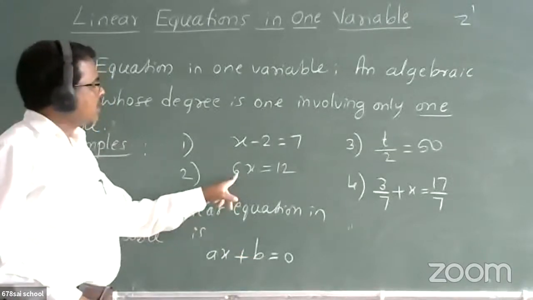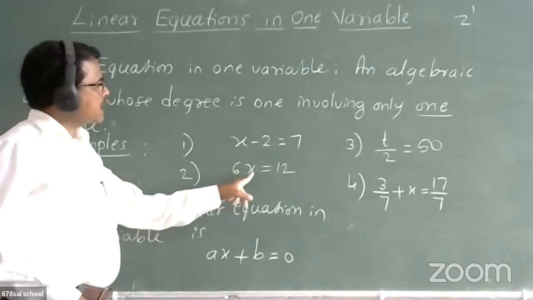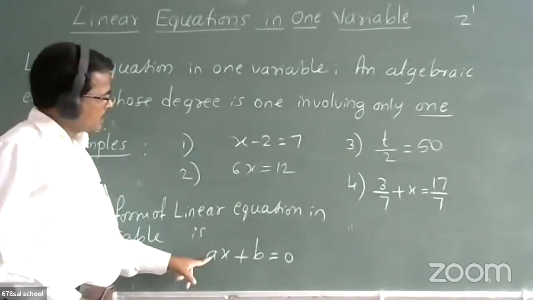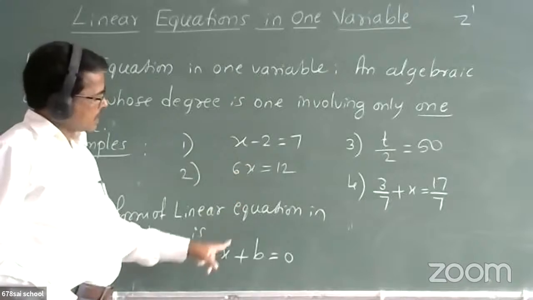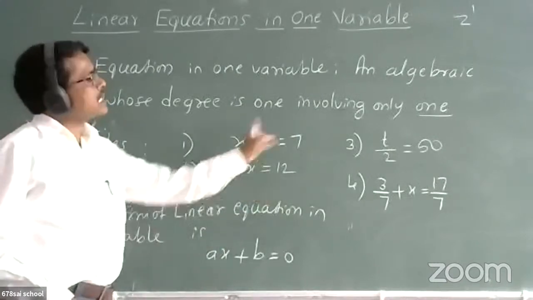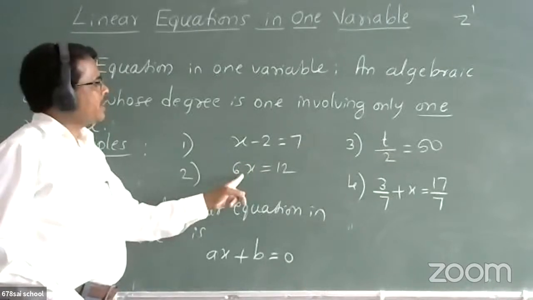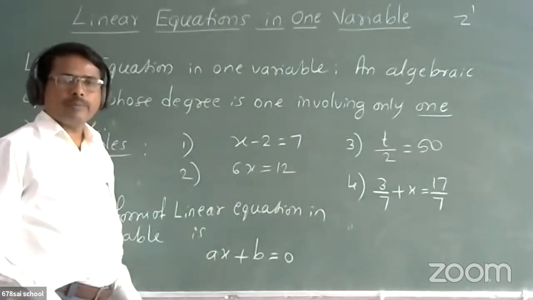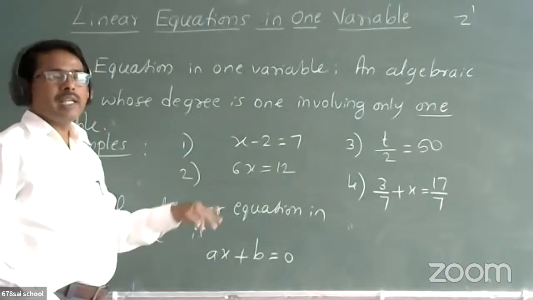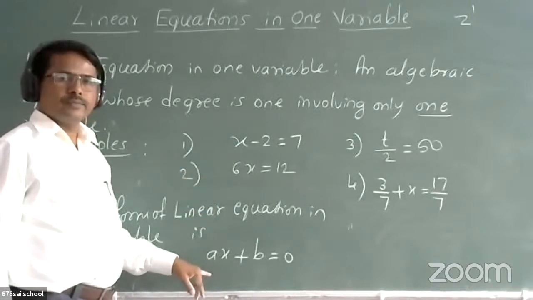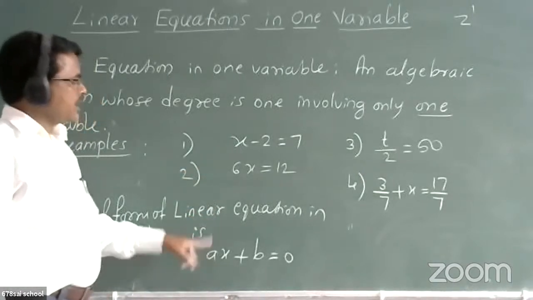See here, this one: ax, a is 6, x is there. This b, 12, we should take this side. So this becomes 6x minus 12 equal to 0. Then that becomes the general form. Understand? Write this first.